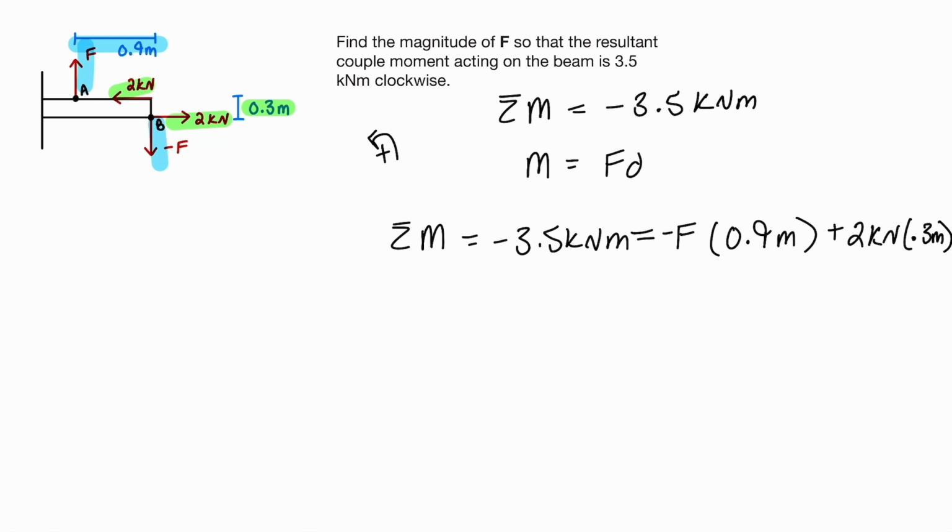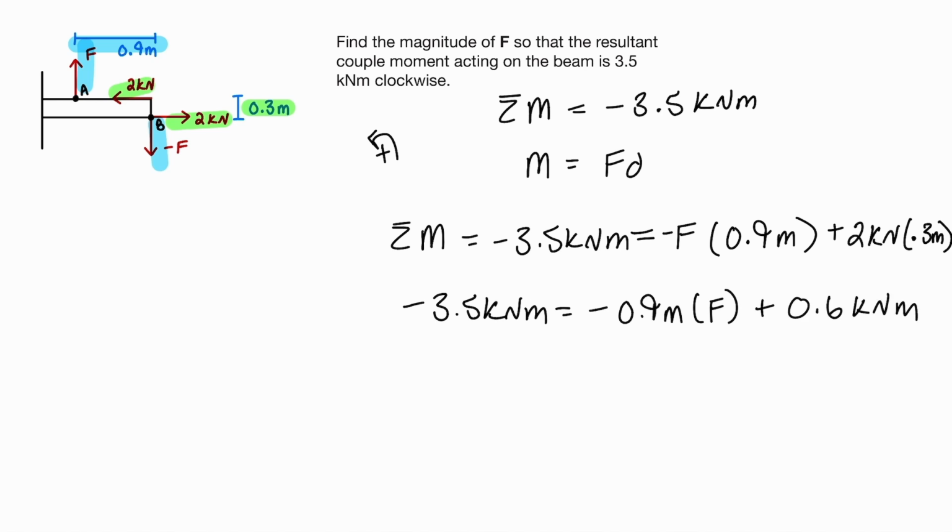So then what we end up with is negative 3.5 kilonewton meters equals negative 0.9 meters times the force plus 0.6 kilonewton meters.